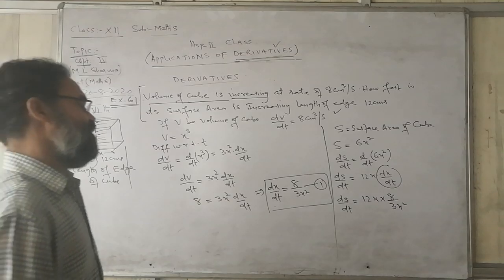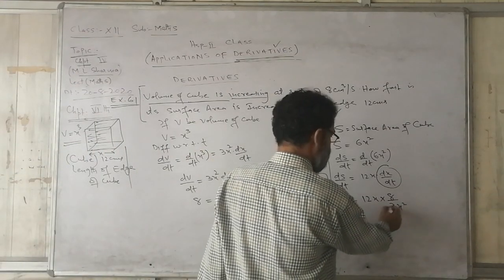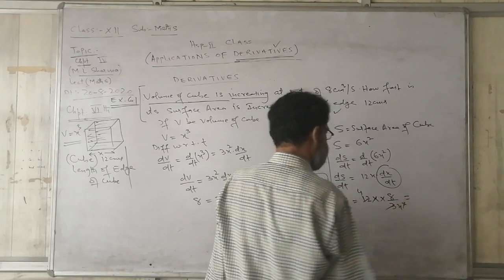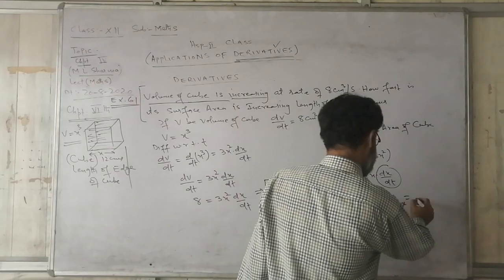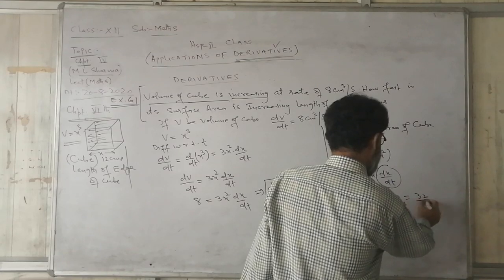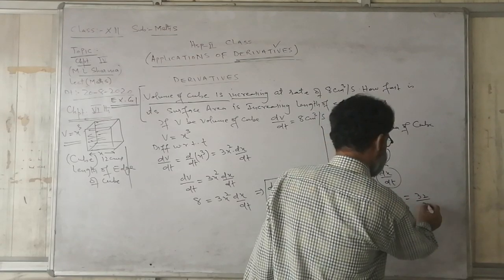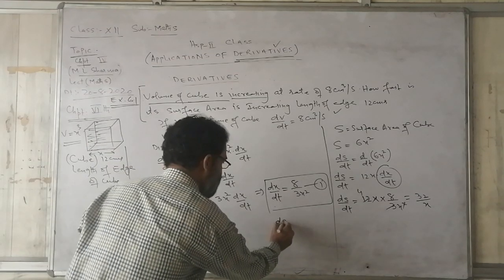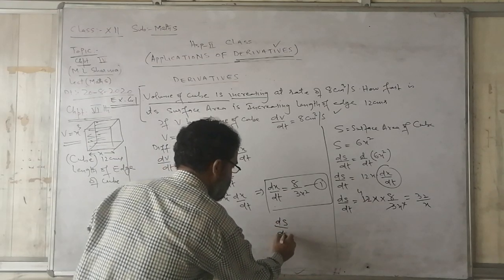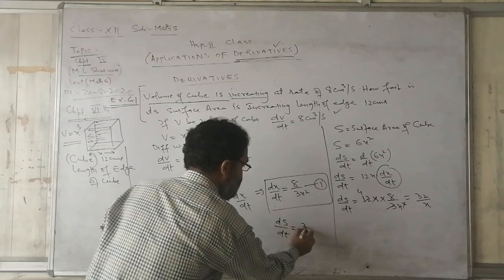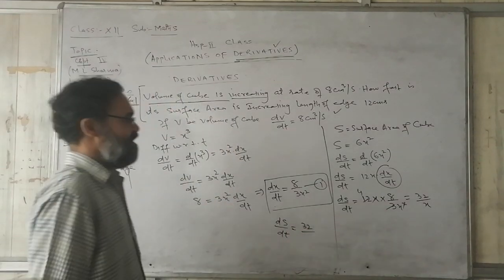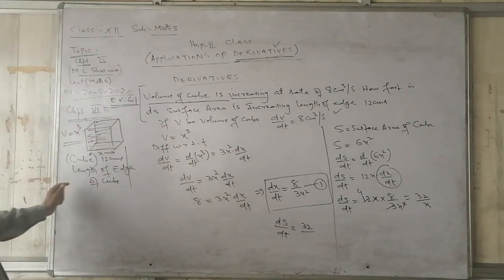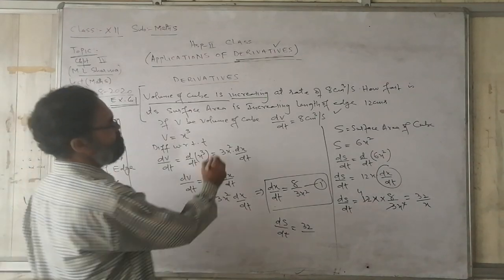So if I simplify this, 4 will cancel, x will cancel, so this will be 32 upon x. So this is the value of dS upon dt, and the value of x, that is the length of edge of the cube, is given to be 12 centimeter.